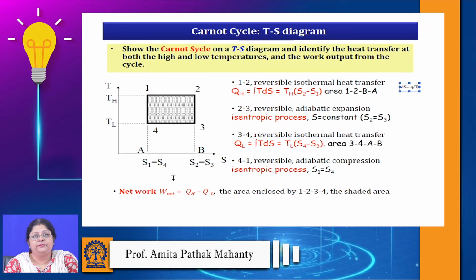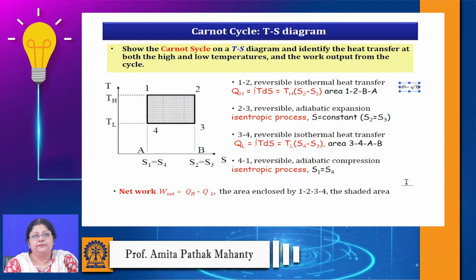If I have to find out QC, that will again be T into delta S. The delta S now is going to be from S3 to S4, so the total amount of heat transferred will be the area 3, 4 and AB, right?